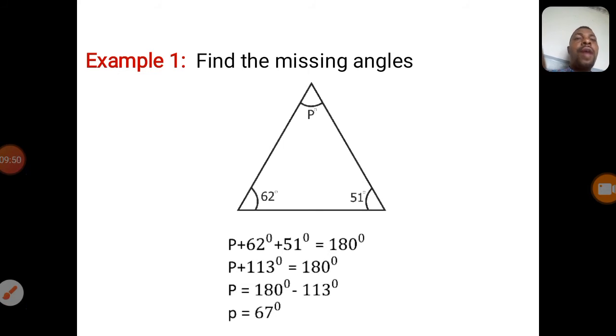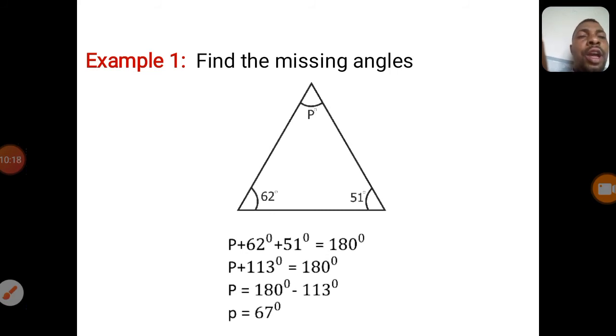So how do we find that unknown angle? We add P plus 62 degrees plus 51 degrees, and that will give us what? 180 degrees, because angles in a triangle is what? 180 degrees. So we have P plus 113, that's the sum of 62 plus 51, is equal to 180 degrees.